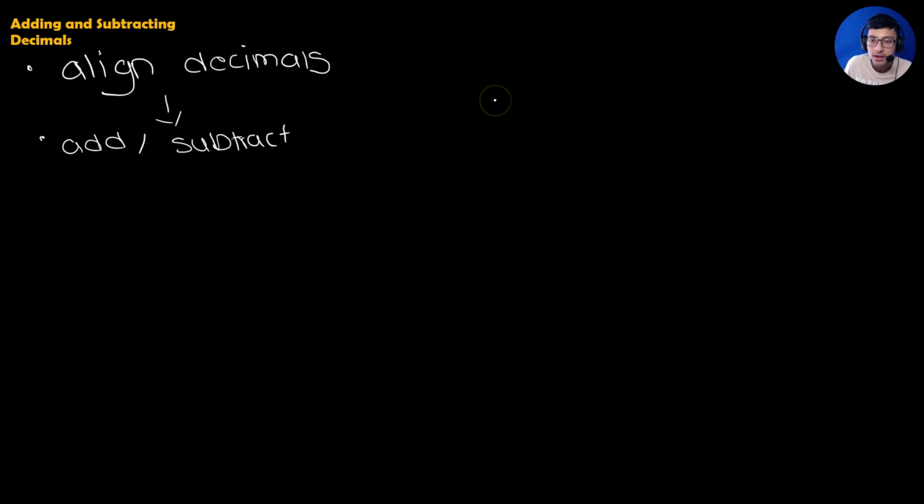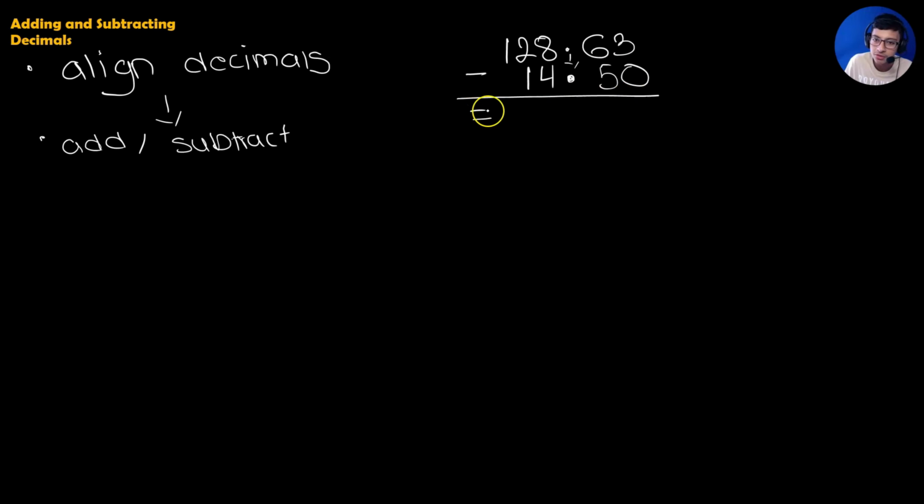Let's try it with another one. So here, let's say 128.63 minus 14.50. What we would do here is align the decimals. So 14, align the decimals, 0.50. And now we just simply subtract.